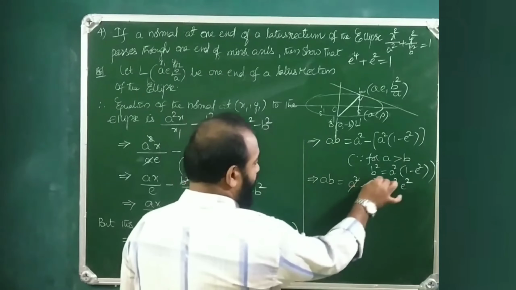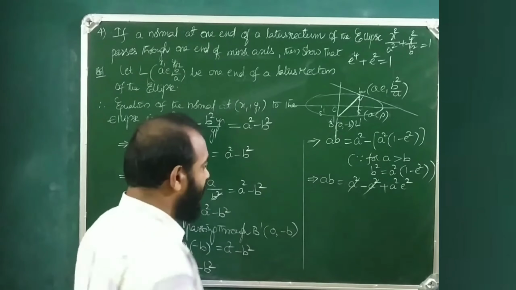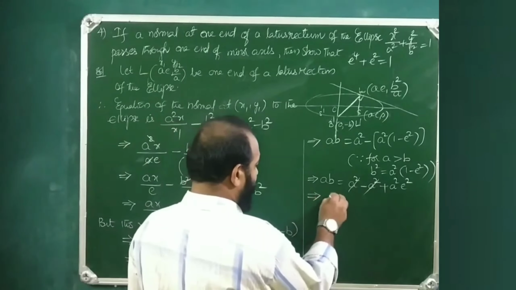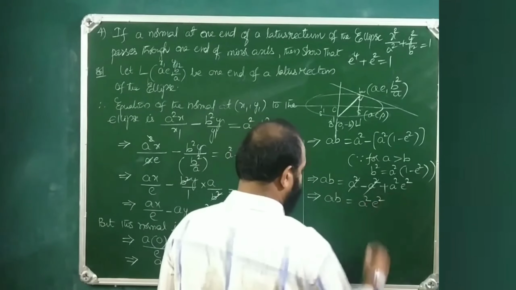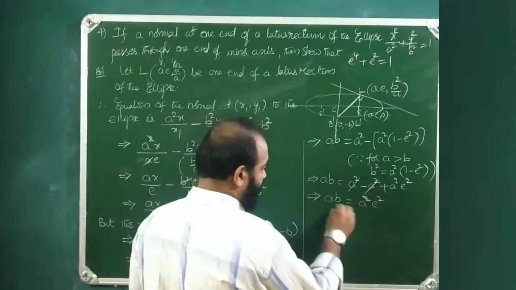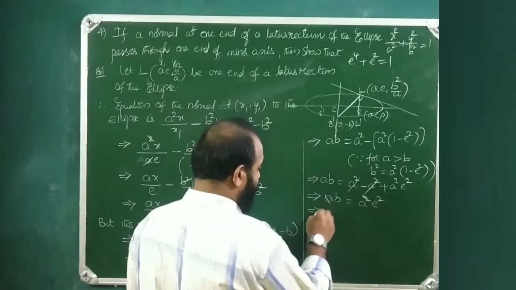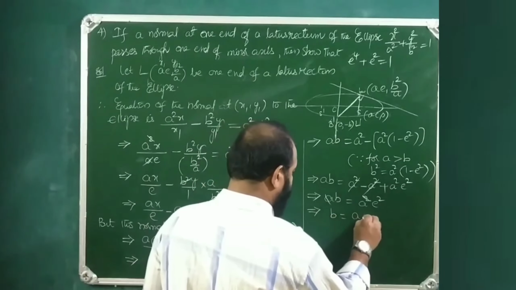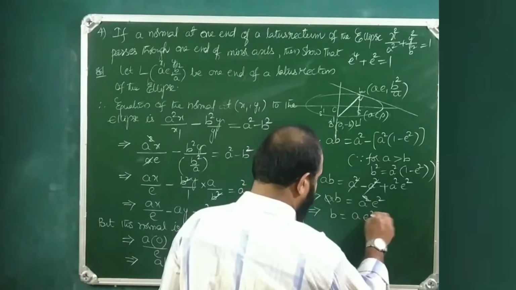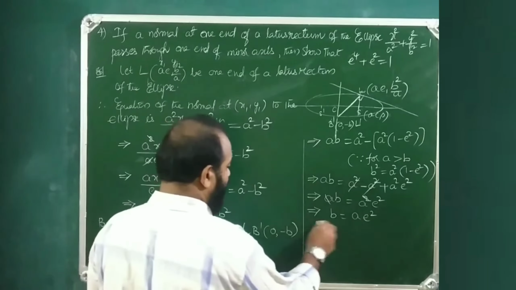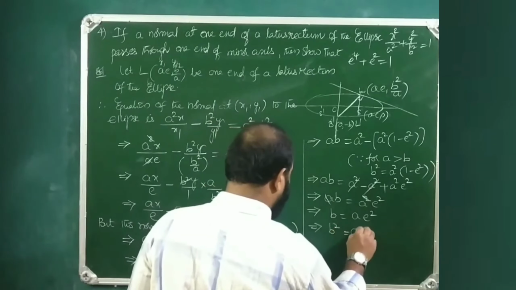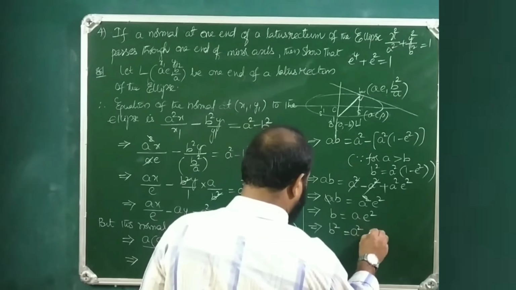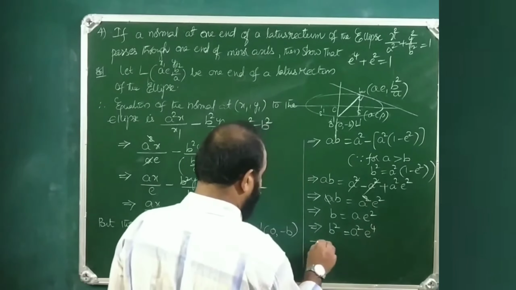So a square gets cancelled on both the sides. This is ab equals a square e square. So these two get cancelled, so b equals ae square. Again, squaring on both sides, we get b square equals a square into e power 4.